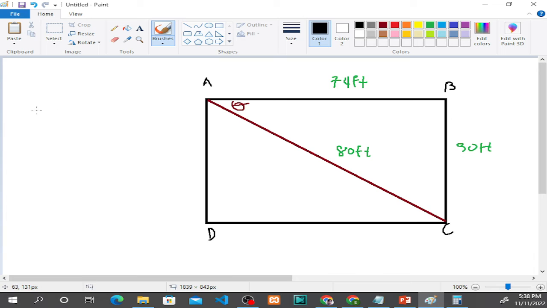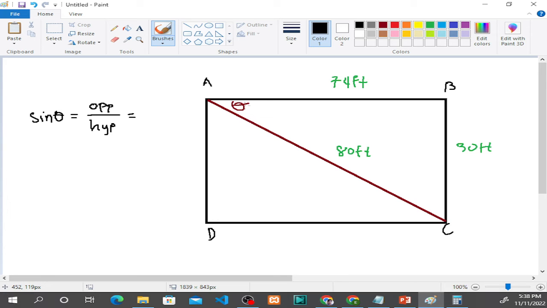Alright, and right now I will teach you how you can solve for the angle using the trigonometric function known as the sine function. Sine theta, or sine of the angle theta, is the relationship between the opposite side over the hypotenuse. So in our figure, the opposite side is the side farthest away from the angle.